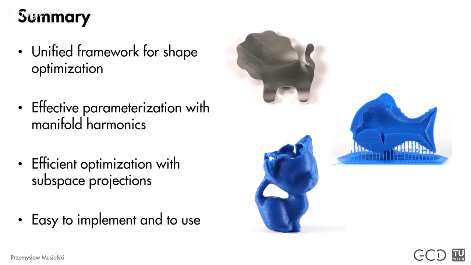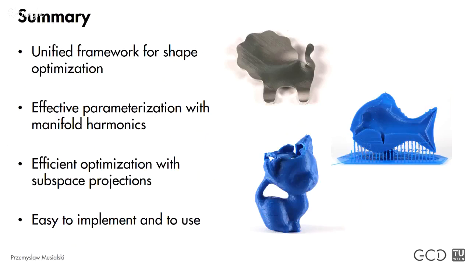So yes, to sum up. First of all, we have presented this unified framework for shape optimization. We have introduced this parameterization with manifold harmonics, which turned out to be very nice in those cases. Even if they have a global support over the shape, they are derived from the shape.